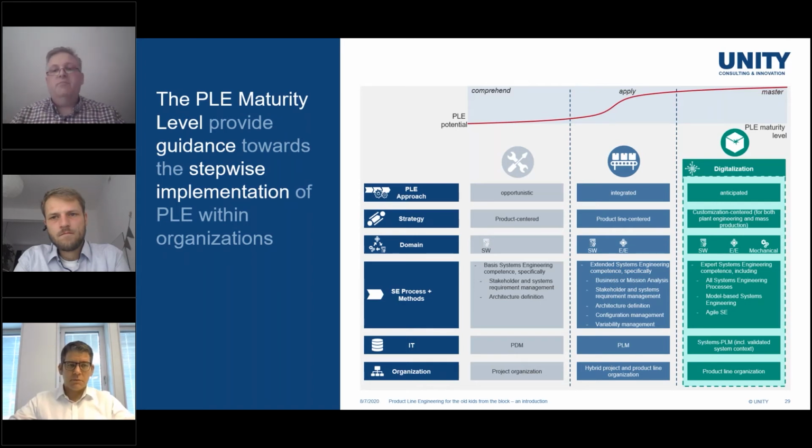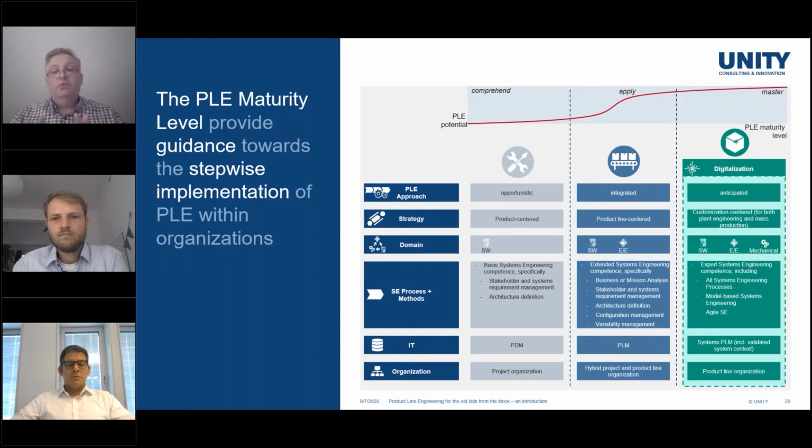So this is more a helping hand where you and your company should decide what is the right level of product line engineering in the future, what is the target, and maybe also the steps to come to a fully deployed product line engineering in a mechatronic world. Therefore, we call it the opportunistic, integrated and anticipated level, or comprehend, apply and master level.